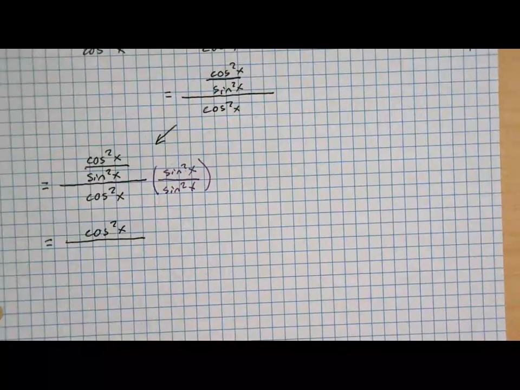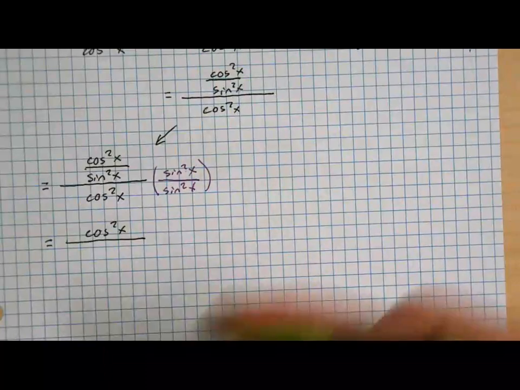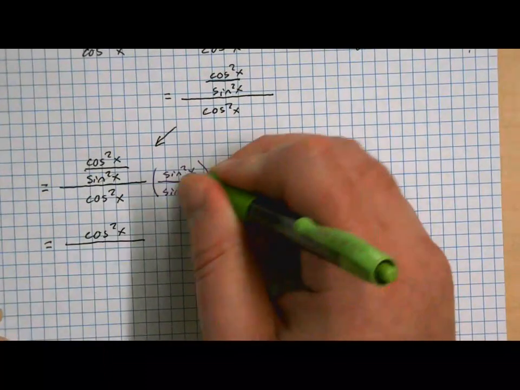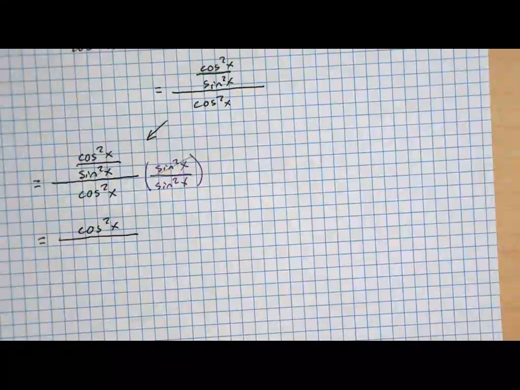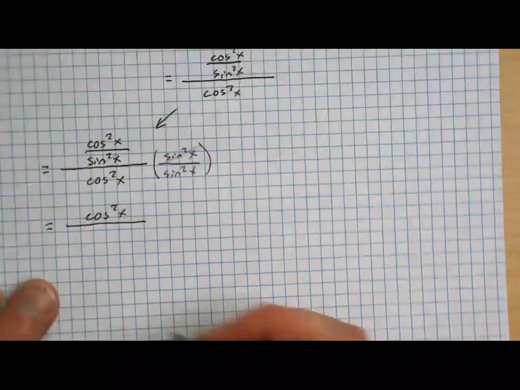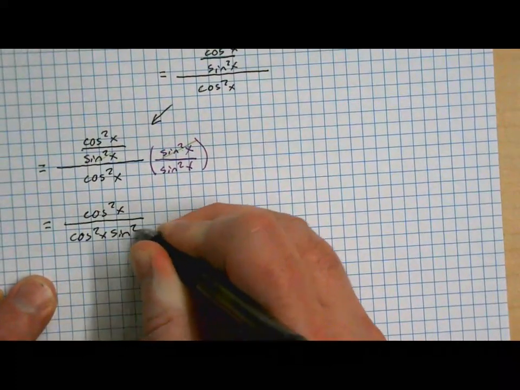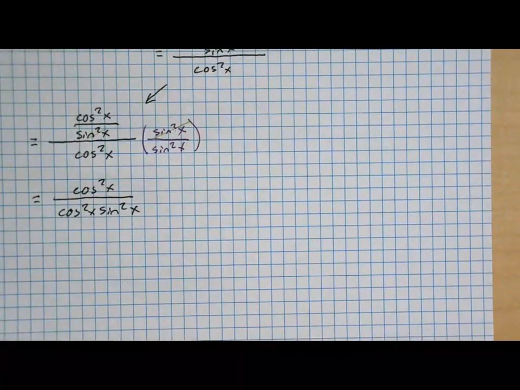Again, I do not want you crossing things out, but what we are doing, I'm going to do it very lightly, is that I'm canceling this with this. On the bottom, nothing is going to cancel. But can you kind of see what's going to happen next?